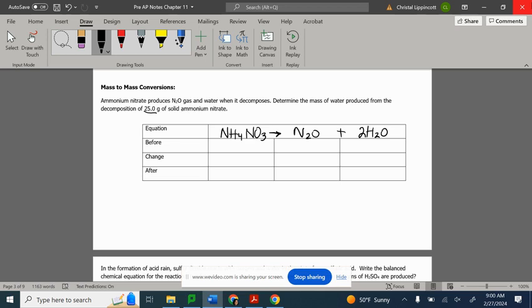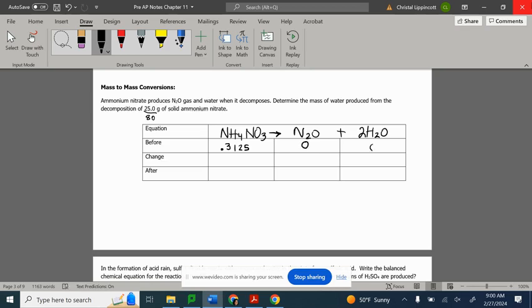Nitrogens: so my molecular mass here is 80. I took 2 nitrogens, 4 hydrogens, and 3 oxygens, added them together off the periodic table for their masses, and I got 80. So 25 divided by 80 is 0.3125. So that's how many moles I'm starting out with.